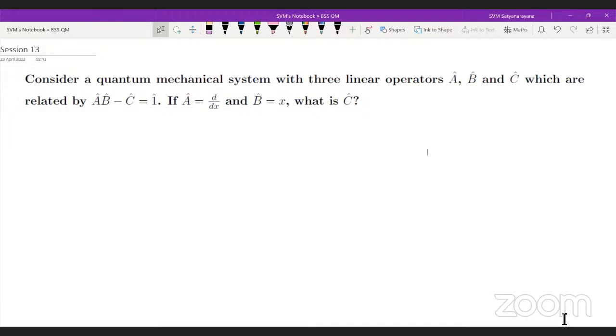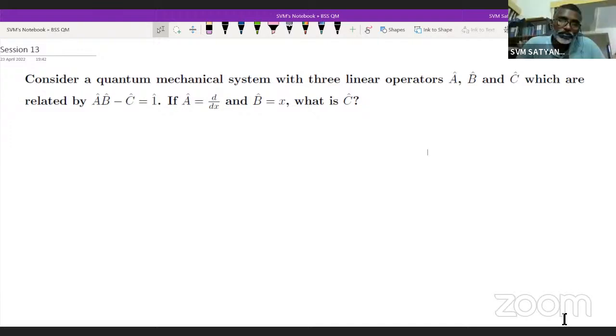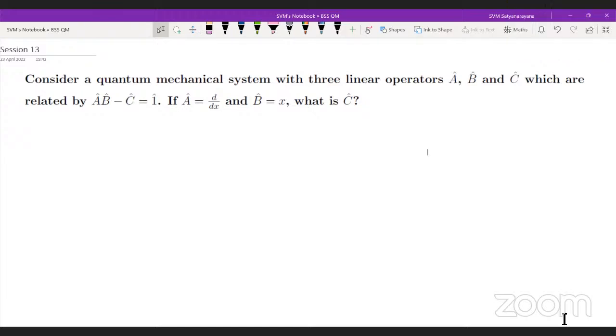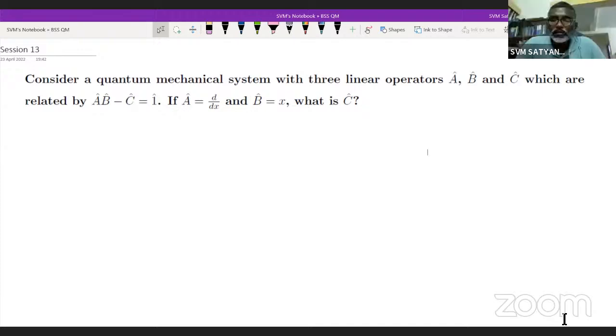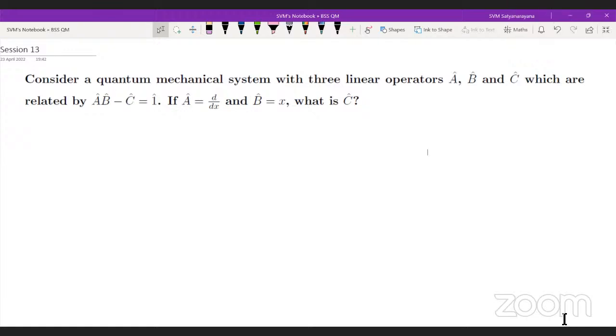Yes, sir. Because here three linear operators are given, sir. Okay. Devishmita, do you have some suggestion? Yes, so we will operate this relation, AB cap minus C equals 1 cap, on a wave function.